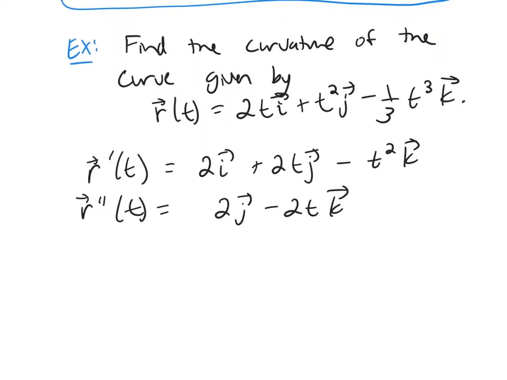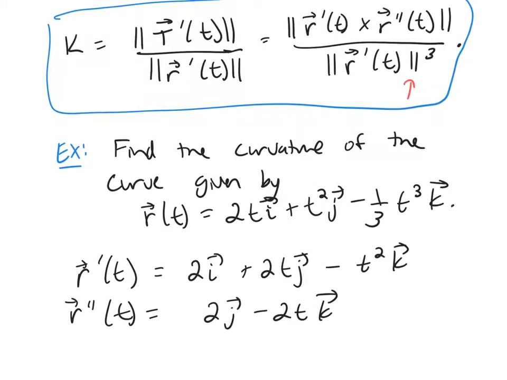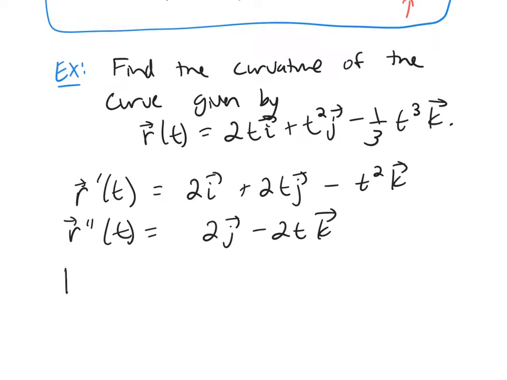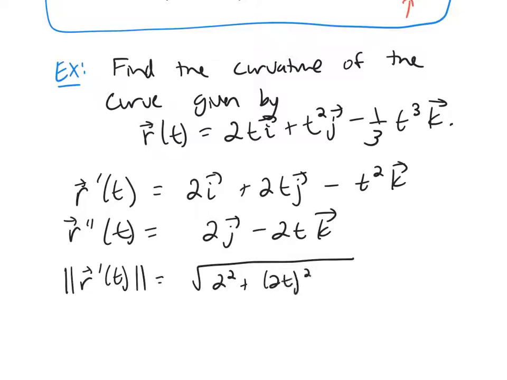I'm also going to need the magnitude of r prime, so let's go ahead and find that first. The magnitude of r prime is the square root of 2 squared plus 2t squared plus negative t squared, squared.